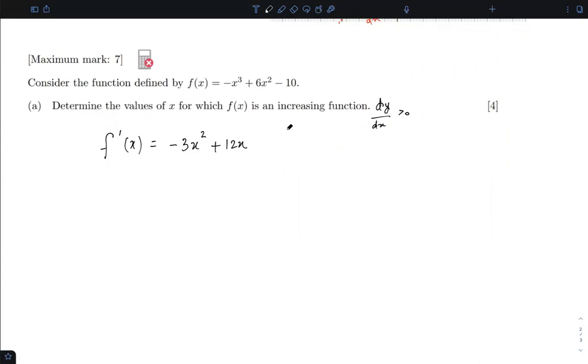And if the function is increasing over an interval, then the derivative should be positive. Let us factorize this. So I take out 3x and I get -3x(x - 4) greater than 0. So this is a quadratic whose roots are x = 0 and x = 4. It's a quadratic which opens downwards since the coefficient of x^2 is negative.